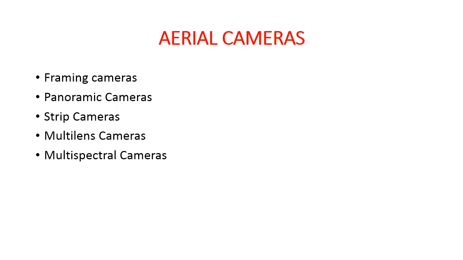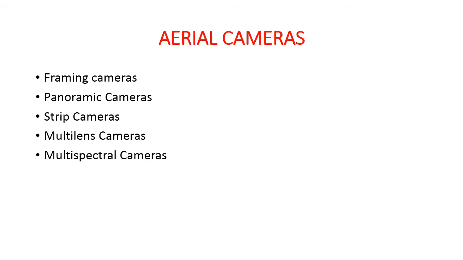For example, cultural features are best seen in the green and blue band, while water bodies are best seen in the red and infrared bands. So various lenses are present in the multi-lens camera, because of which we are able to identify various cultural features present, as well as distinguish between the various objects present on the surface.